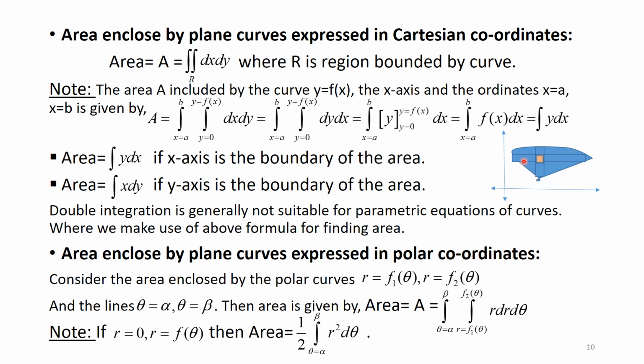To calculate the area, consider a vertical bar and a horizontal bar, with y varying from f(x) to g(x), and x from h1 to h2. The intersection part gives this region.